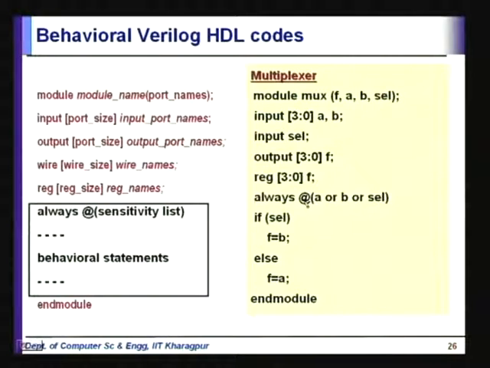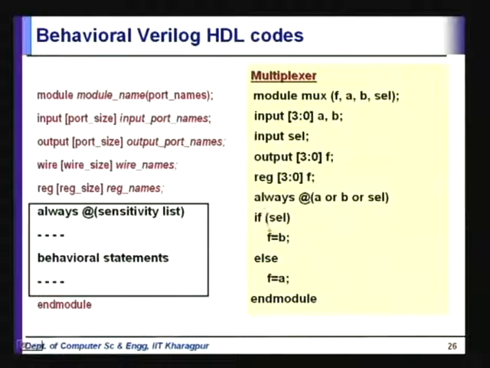So, if A changes, it is going to get activated, if B changes, it is going to get activated, if ACL changes, it is going to get activated. So, typically for combinational logics, whenever any of the inputs change, you would like to evaluate that logic once again. If none of the inputs change, then this sensitization criteria will not hold. So, the simulator will not look inside the always block anymore, okay.